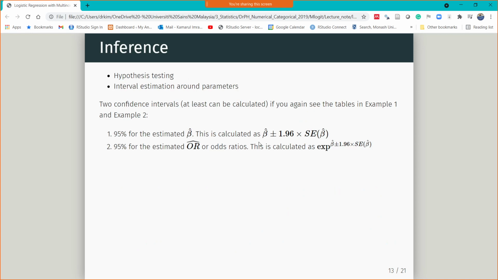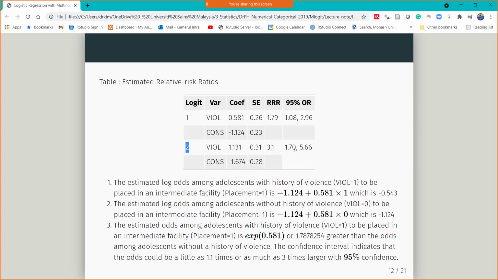It is quite easy. You just take the beta value and then plus 1.96 times standard error of beta, and then beta hat minus 1.96 times standard error of the beta. And once you got the value here, then you exponentiate.